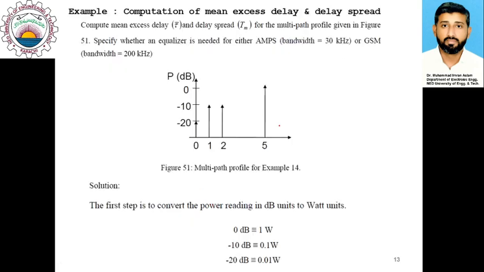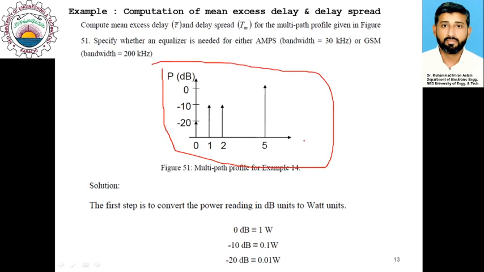So let us take a simple problem here. We want to compute the mean excess delay, or mean value of the delay, as well as the delay spread, for a certain type of environment where this power delay profile is given here.